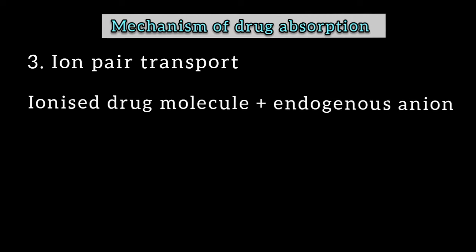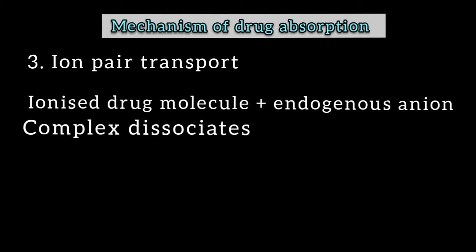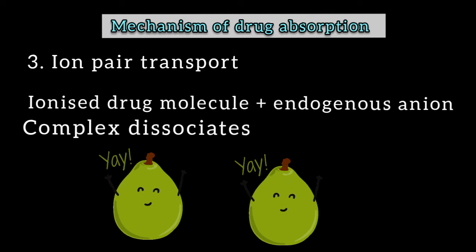and it will form a complex with this endogenous anion, and this complex is what crosses through the membrane. When it gets to the other side of the membrane in the capillary, the complex dissociates and it separates.